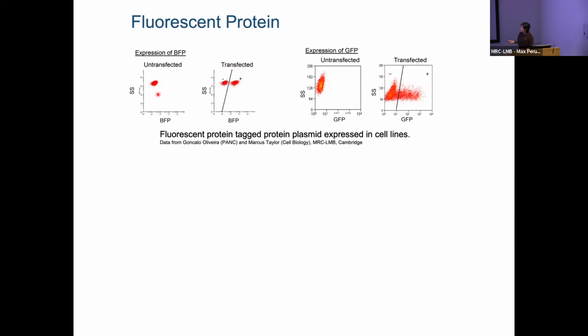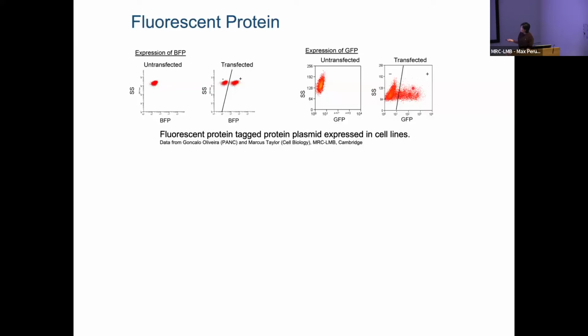So this is a negative population, and here you have a nice positive population distinct from negatives. However, in some of the cells, there is actually continuous expression. So again, your controls are important. Without controls, it's hard to place the gate where the population of interest should be.